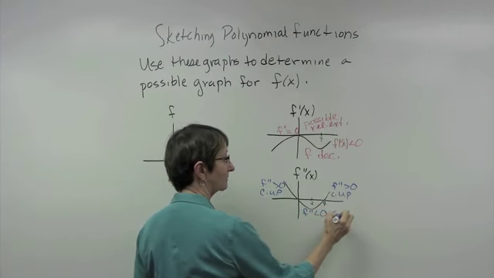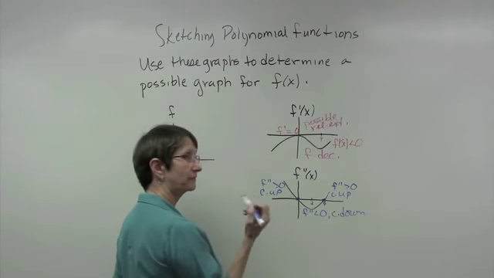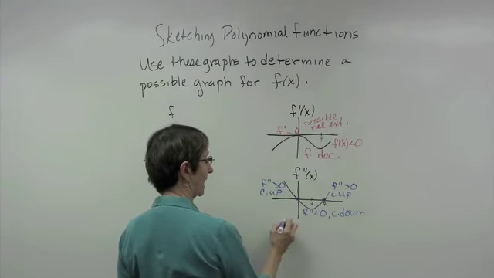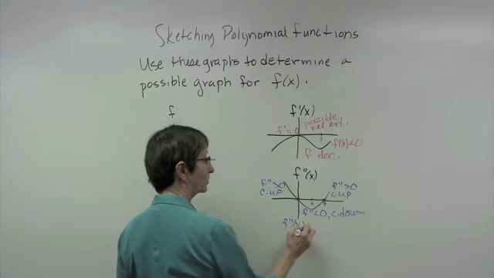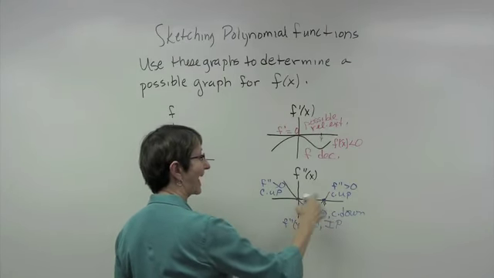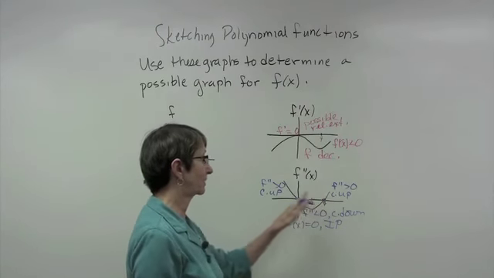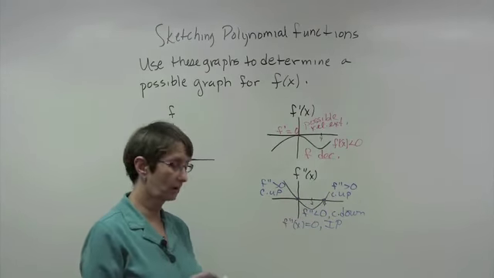At 0, we have possible inflection points, and it turns out we do have inflection points because concavity changes. So we have two inflection points at 0 and at 4.